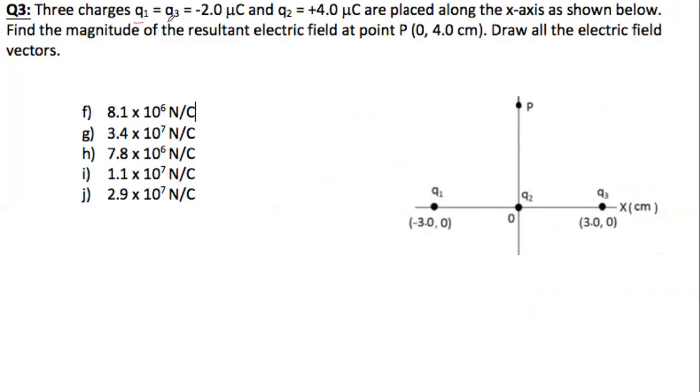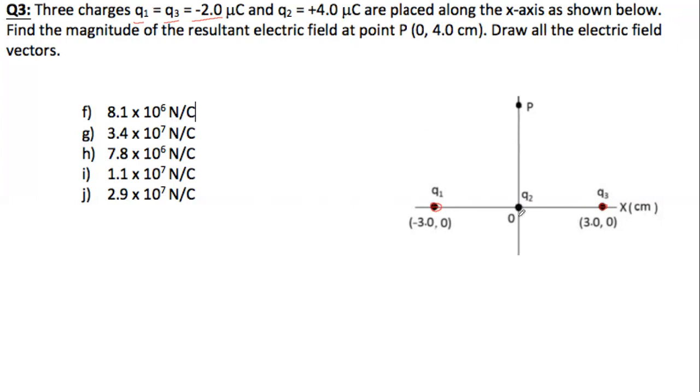Charges Q1, Q3, and Q2 have the following values. So Q1 is minus 2 microcoulomb. So Q1 is here and it's negative. Q3 is also negative and it's equal to minus 2 microcoulomb, same magnitude as Q1, same polarity.